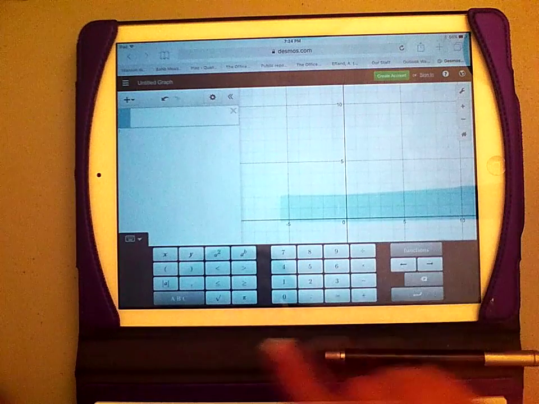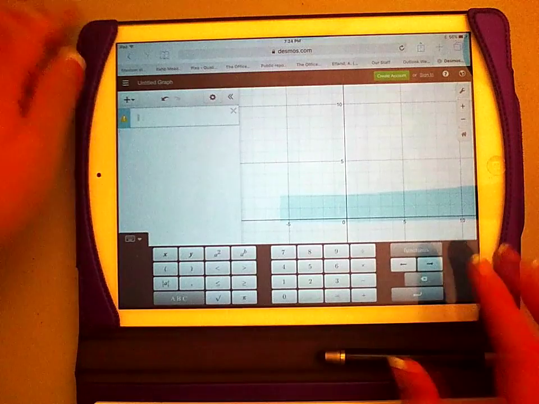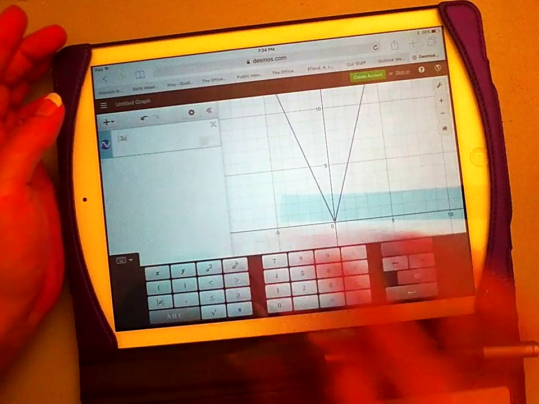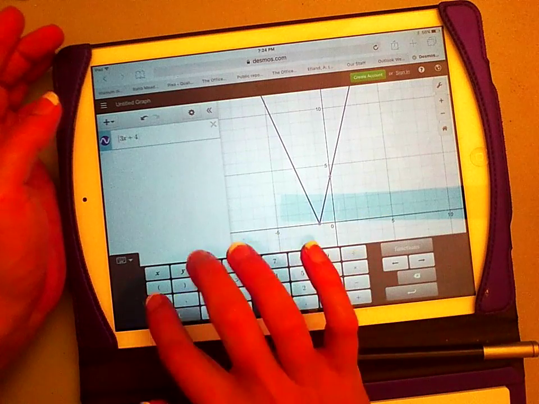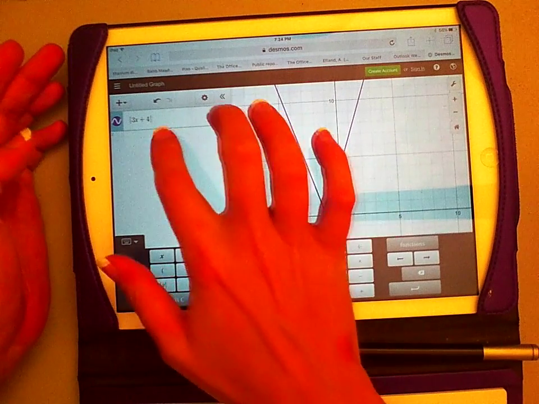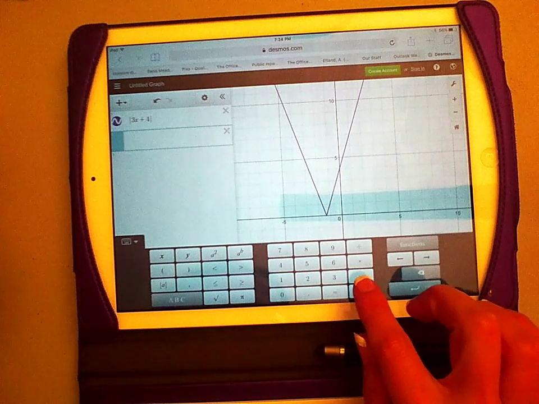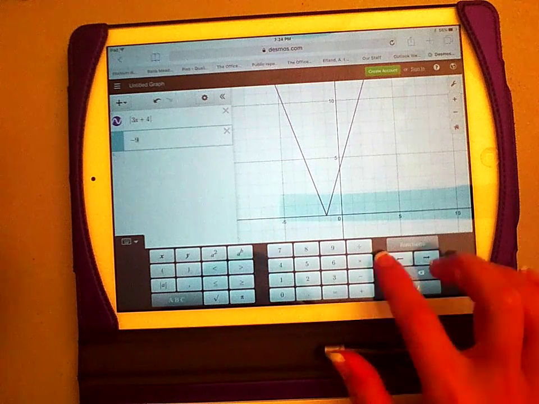Okay. Now we have the absolute value of 3x plus 4. That's our V-shaped graph there. Okay. Now that's the left-hand side, and what we have on the right-hand side is -9.